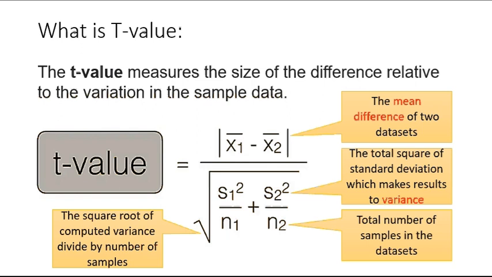We have here the formula: the mean of x1 minus the mean of x2, referring to the mean difference of the two data sets, over the square root of the standard deviation of data sets 1 and 2 over the number of data set items. The total square of the standard deviation results in the variance. So this is the t-value formula.